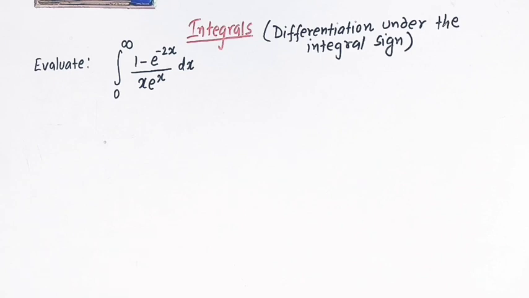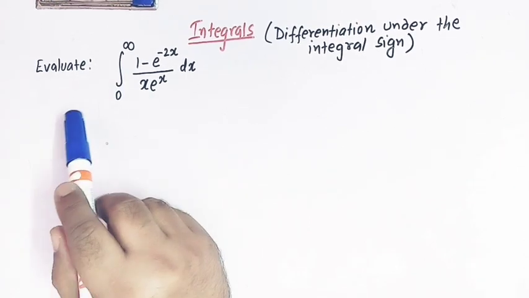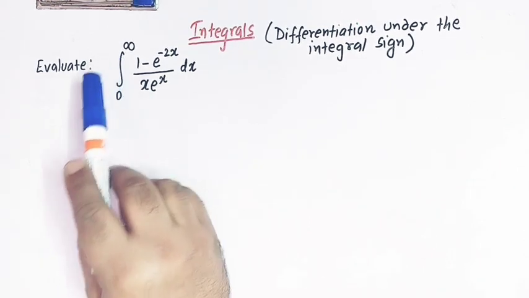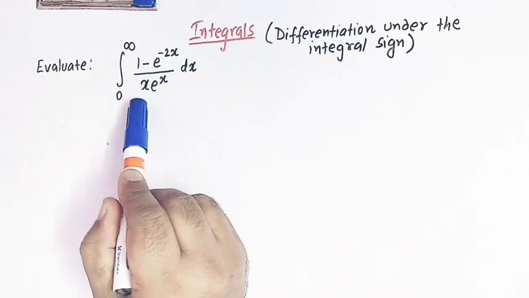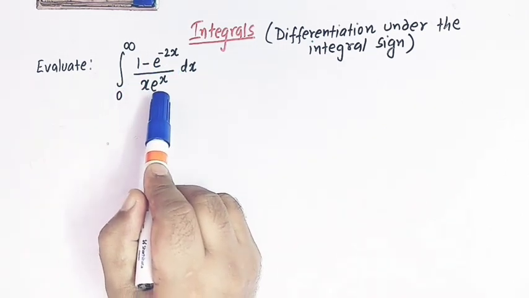Hello viewers, in today's class we are going to discuss yet another important and very conceptual problem from definite integrals under the topic differentiation under the integral sign. Here we'll solve this integral from 0 to infinity of 1 minus e raised to minus 2x divided by x times e raised to x.